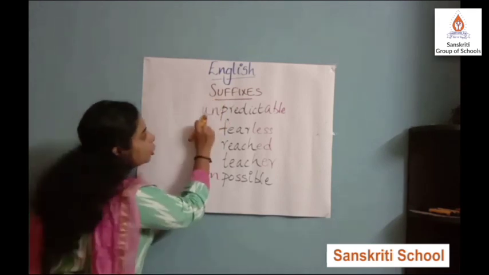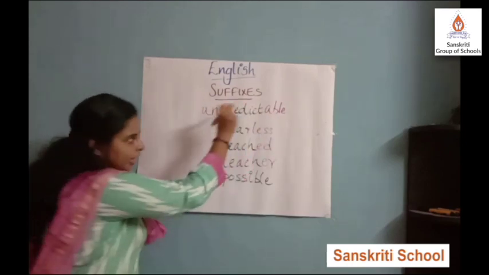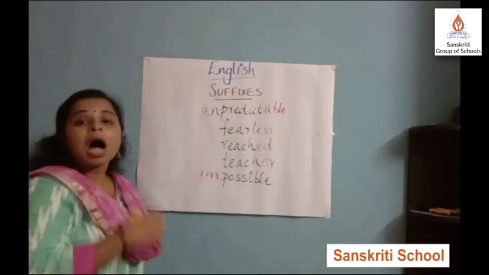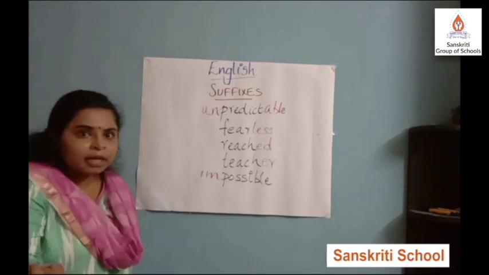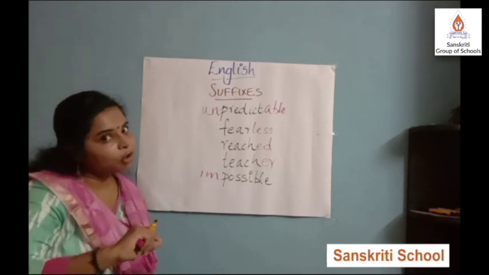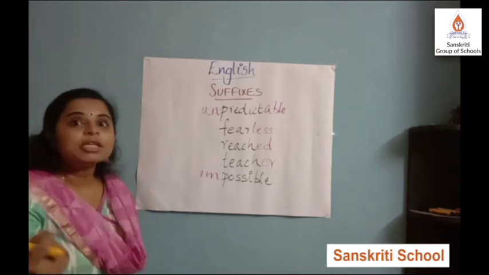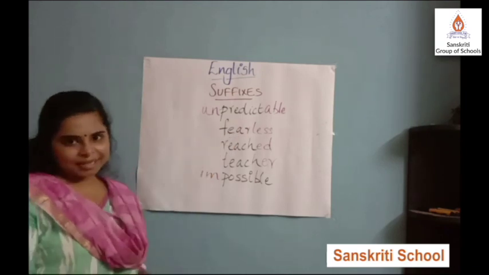Whereas when I added un here, it has now become unpredictable. Predictable again changed to unpredictable, which means it can happen anything. It is not sure that India will win the match or India may not win the match. So the match is unpredictable, which means that you cannot predict something.